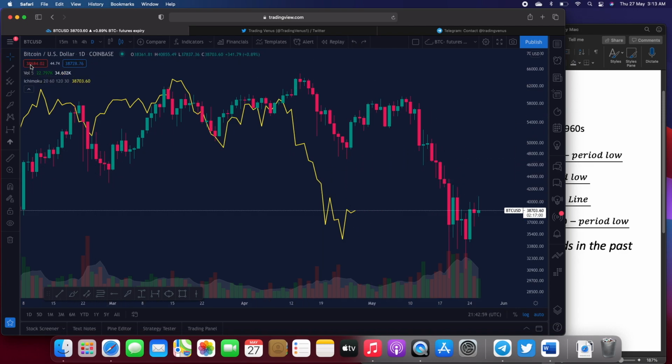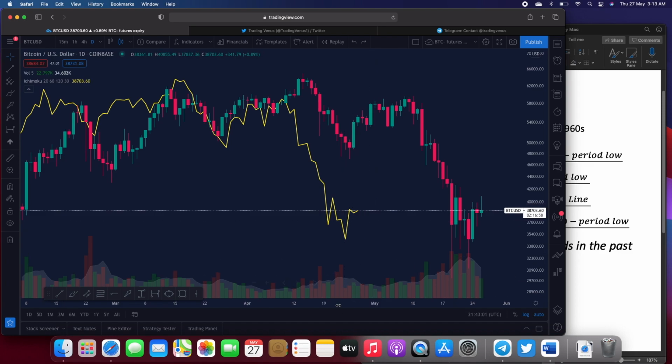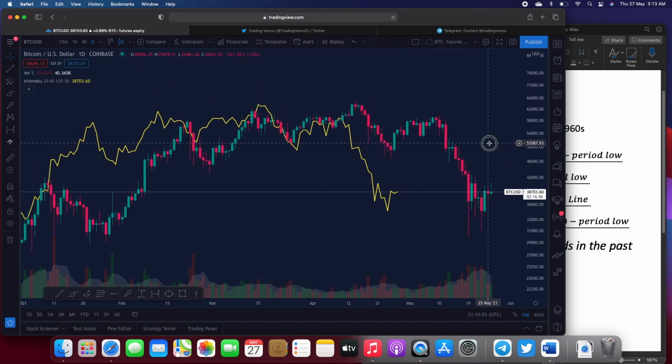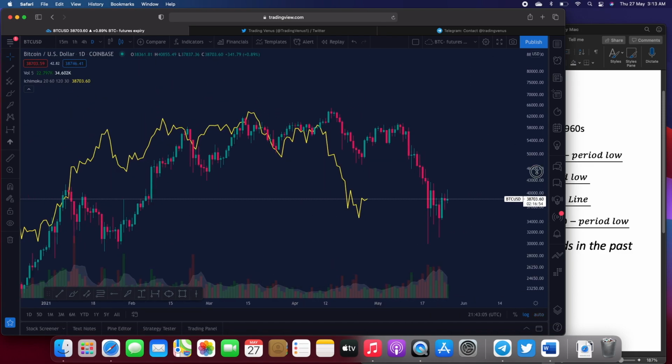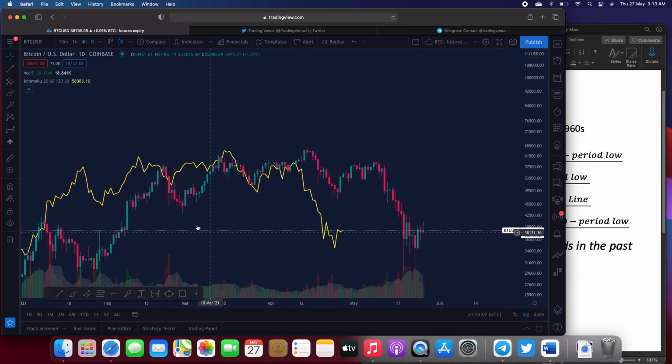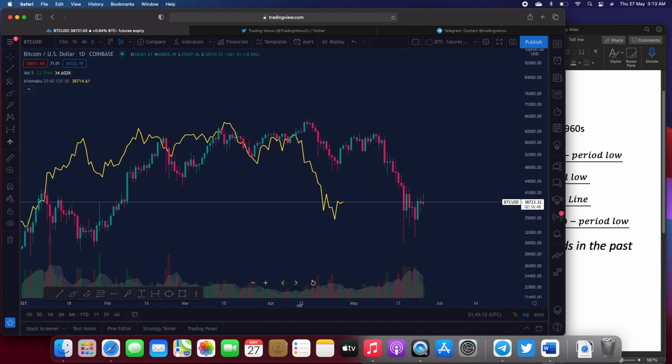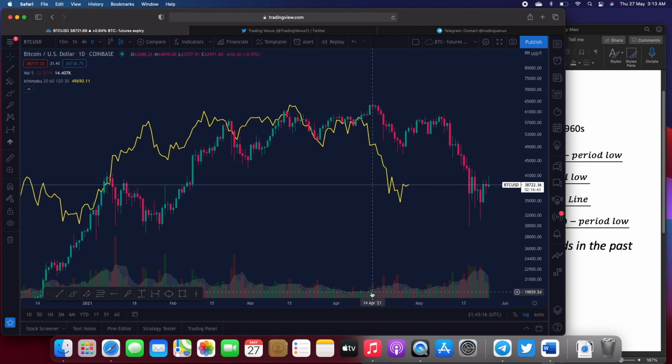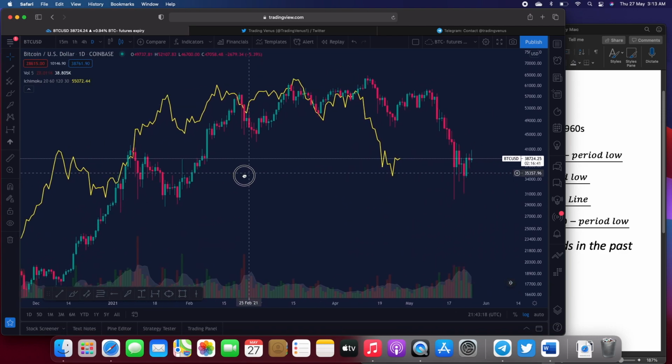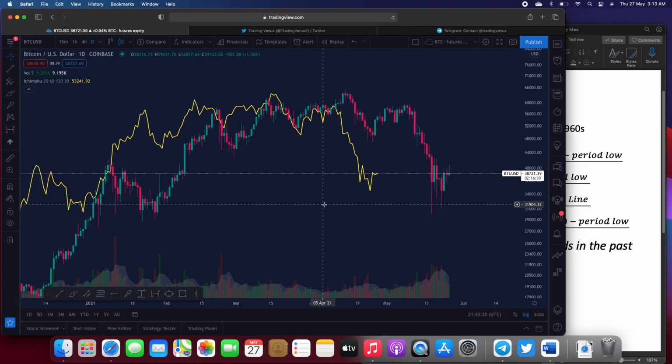Now, unlike other moving averages, this looks very powerless, and it is not any sort of average. This is just price action traced back in history. But this is also very critical at some point.